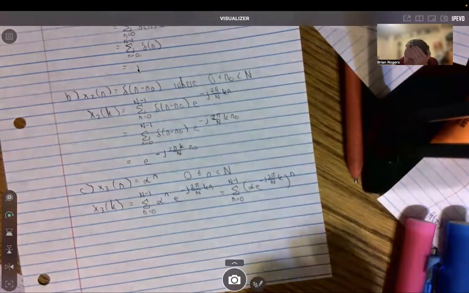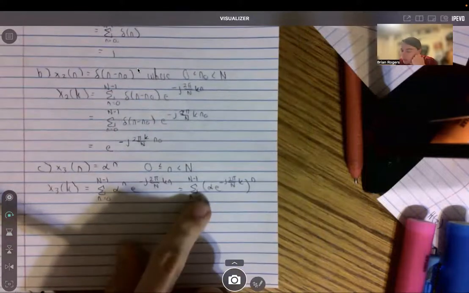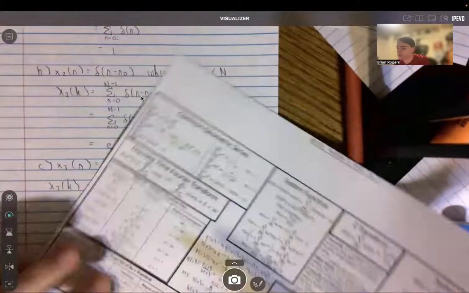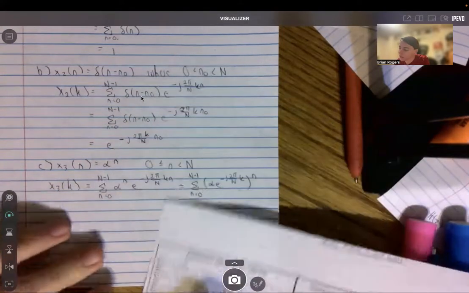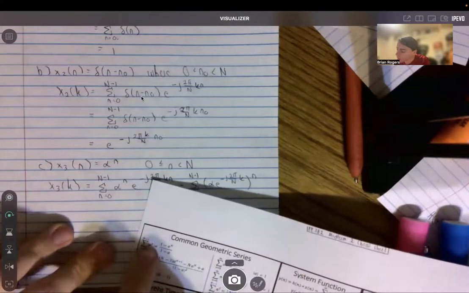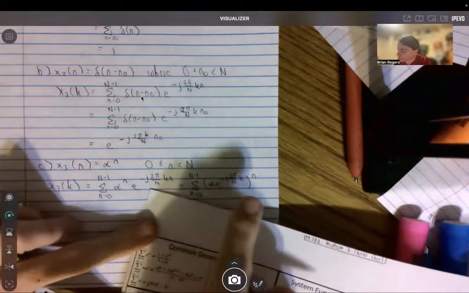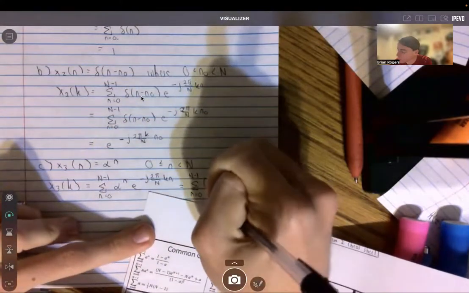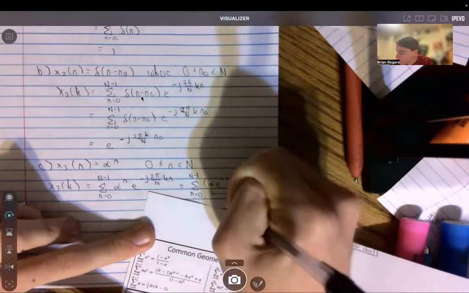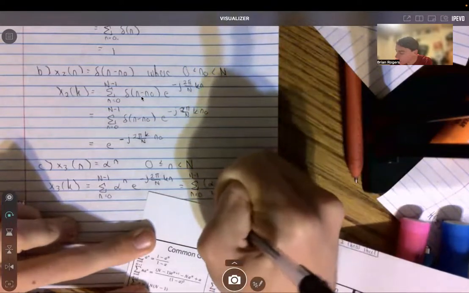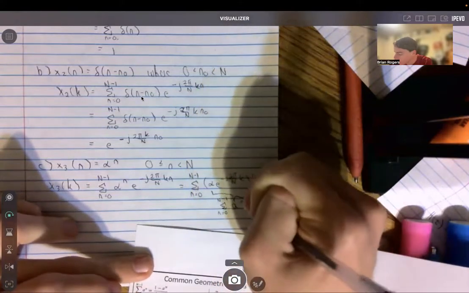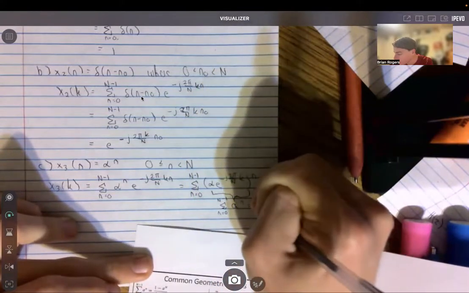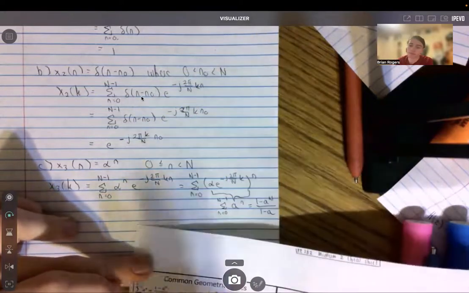Doesn't this remind you of a geometric series, which we had here, where from n equals 0 to capital N minus 1 we have a to the power of n, and that is equal to 1 minus a to the power of N all over 1 minus a. And so our a here is this entire thing.